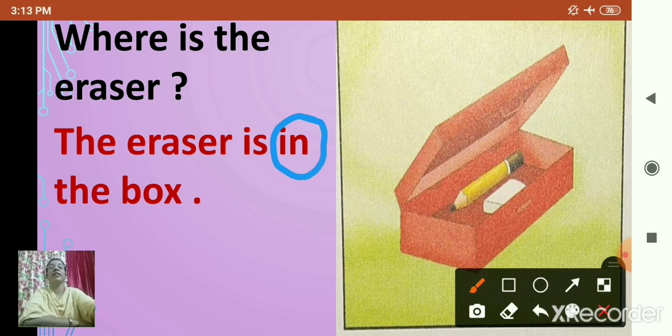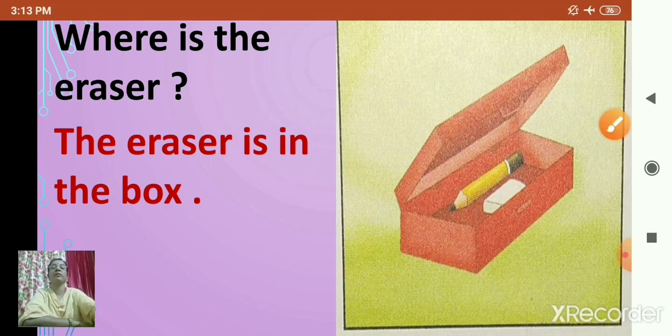"In" tells us the position of the eraser. So, where is the eraser? The eraser is in the box. Okay, move to the next question.